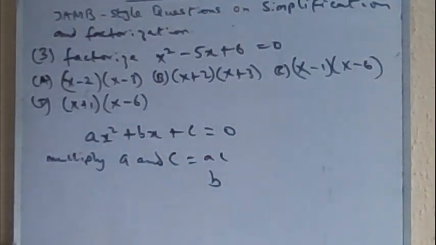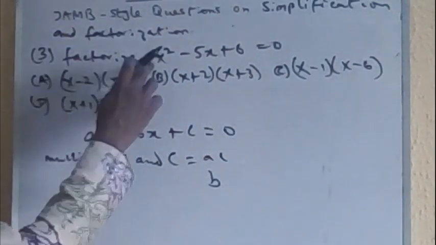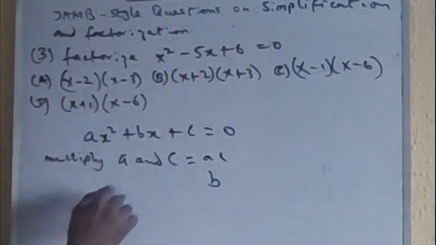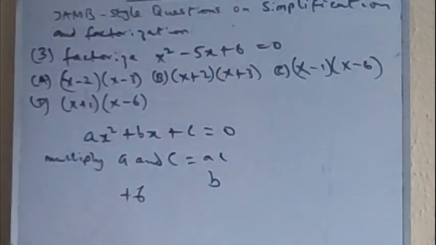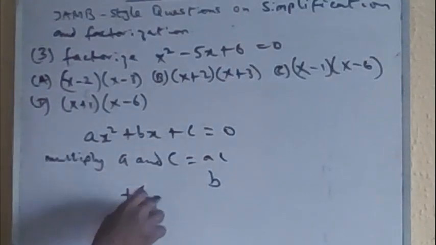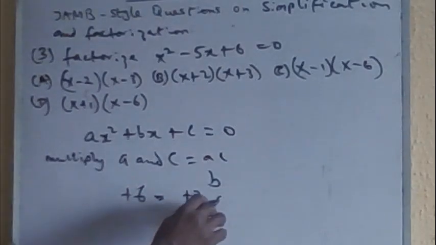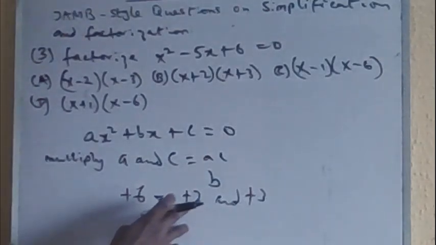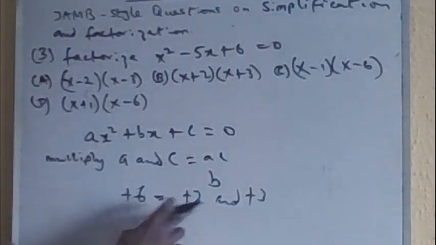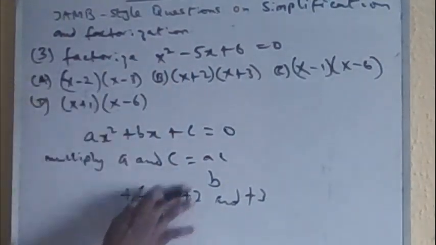But let's just go straight to the question. If I multiply 1 here by 6 here, I have plus 6. So what are the two factors that when they multiply, they will give me 6? That's plus 2 and plus 3. But when they add, they must give me the middle term, so I can use minus. Why?